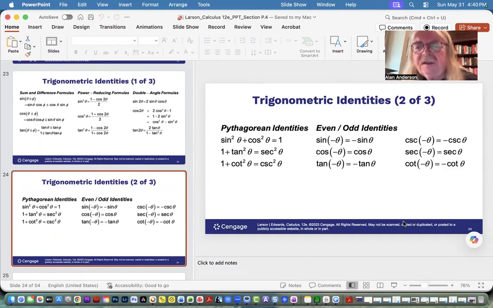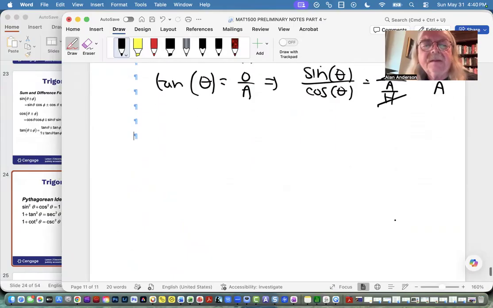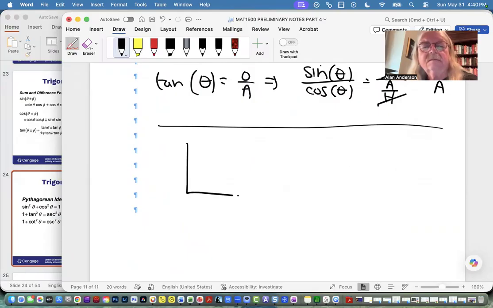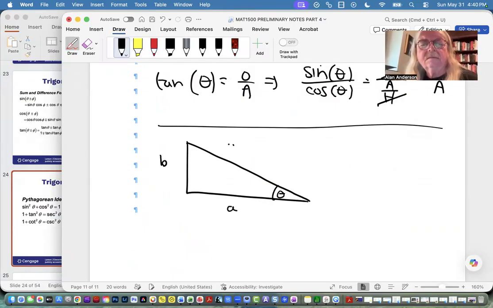Now here we have the so-called Pythagorean identities. These are a consequence of the Pythagorean theorem, which, as you remember, simply says... now this is something that nobody forgets.